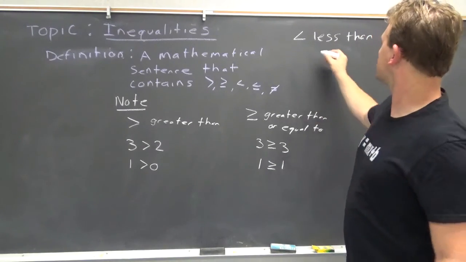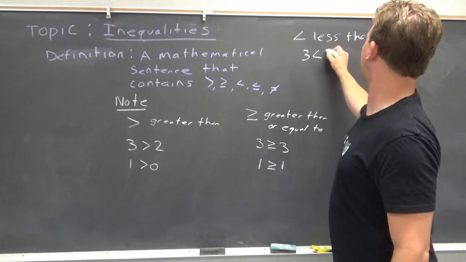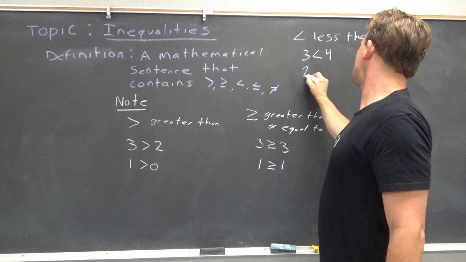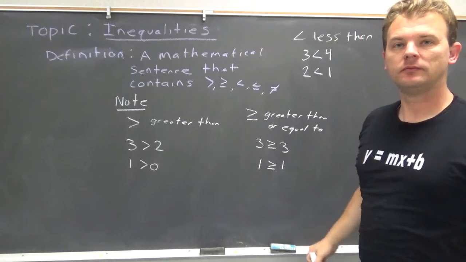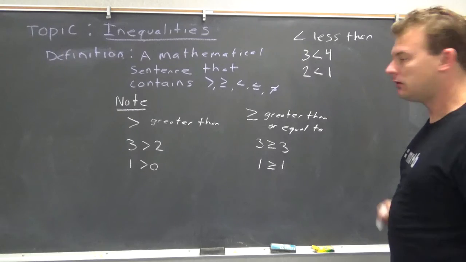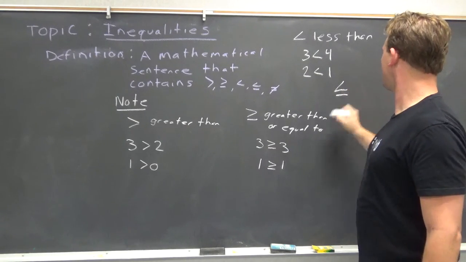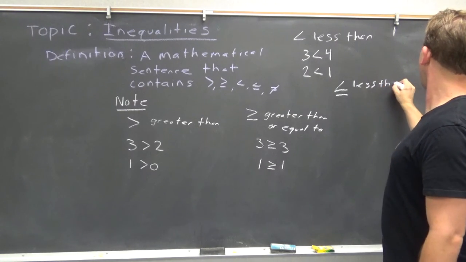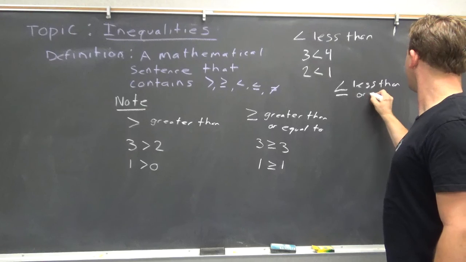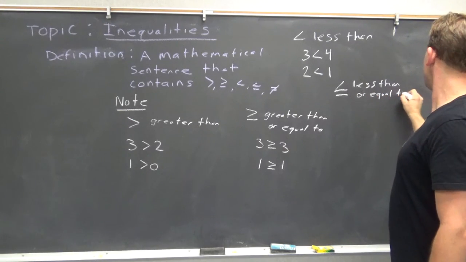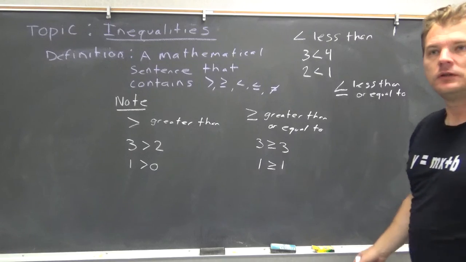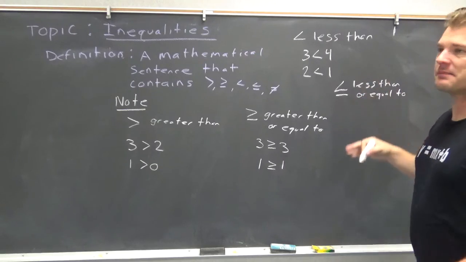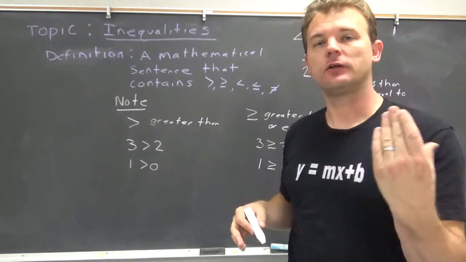So less than. So you can say that 3 is less than 4, or 2 is less than 1. Okay? But what if you have this with an equal sign? This is going to be less than or equal to. So really, it does matter when you have the alligator to what side.